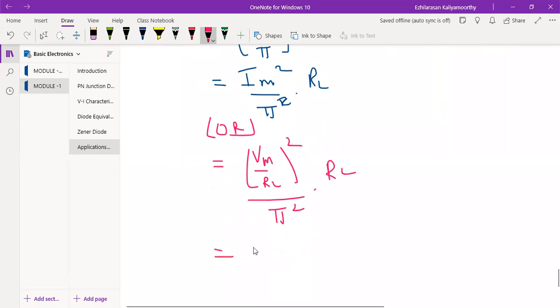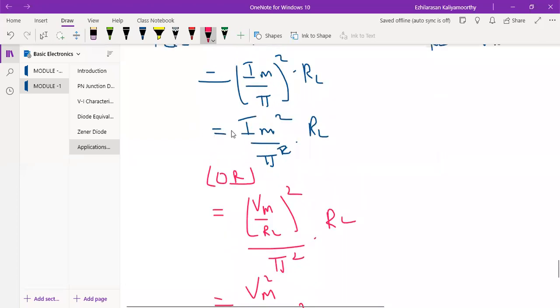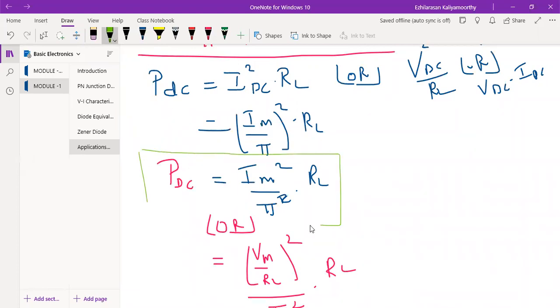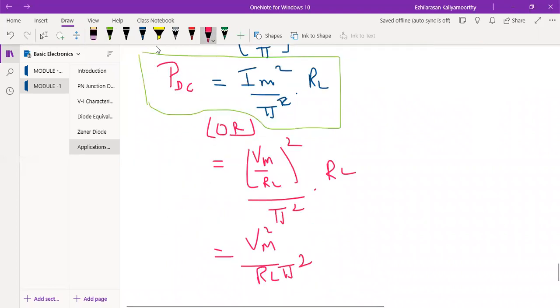Even I can write it like this: VM square by RL pi square, because the RL will get cancelled. Either this or this, anything you can take, this is your PDC. Either this formula you can use, or you can use this formula also.